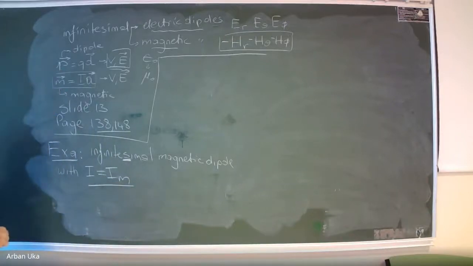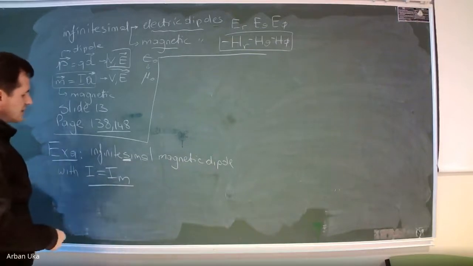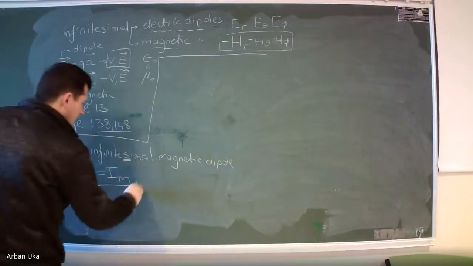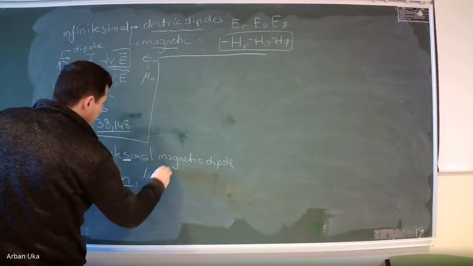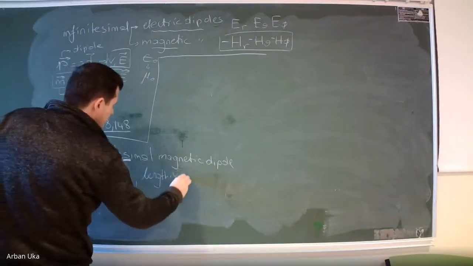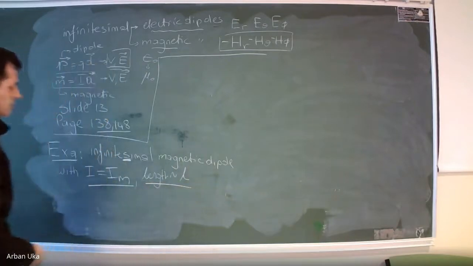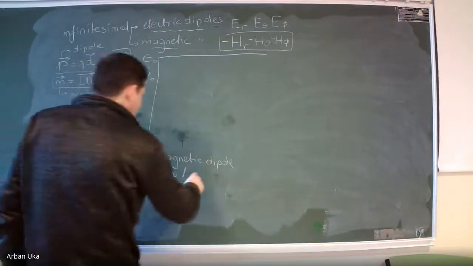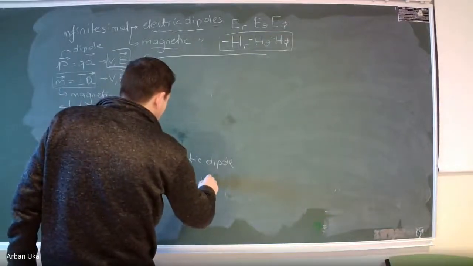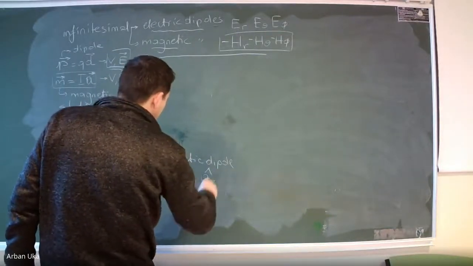So let's assume that we have an infinitesimal small magnetic dipole antenna with a current I M. We call this I M because this is a magnetic dipole. And we assume also that this antenna has a length L. And we need to find this magnetic dipole moment. This is pointing along the a z.